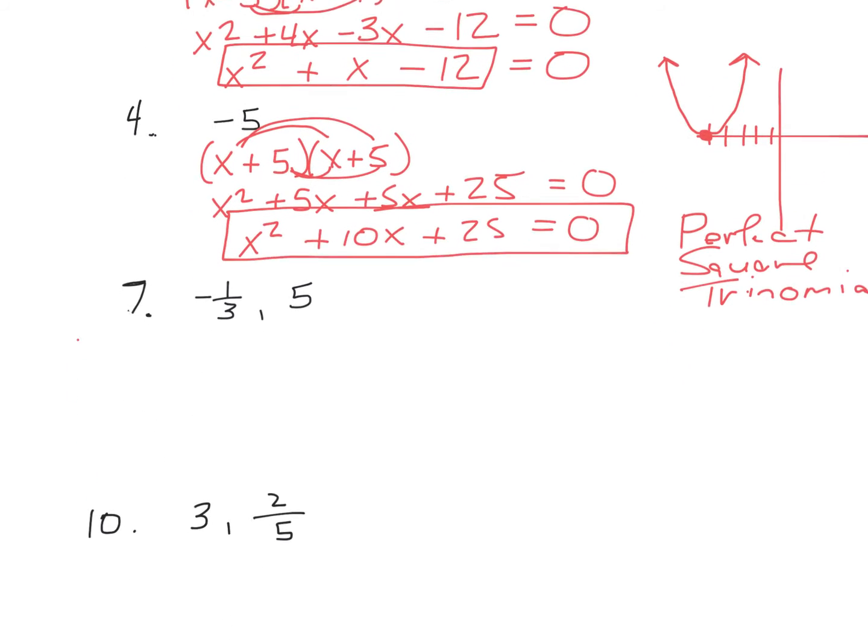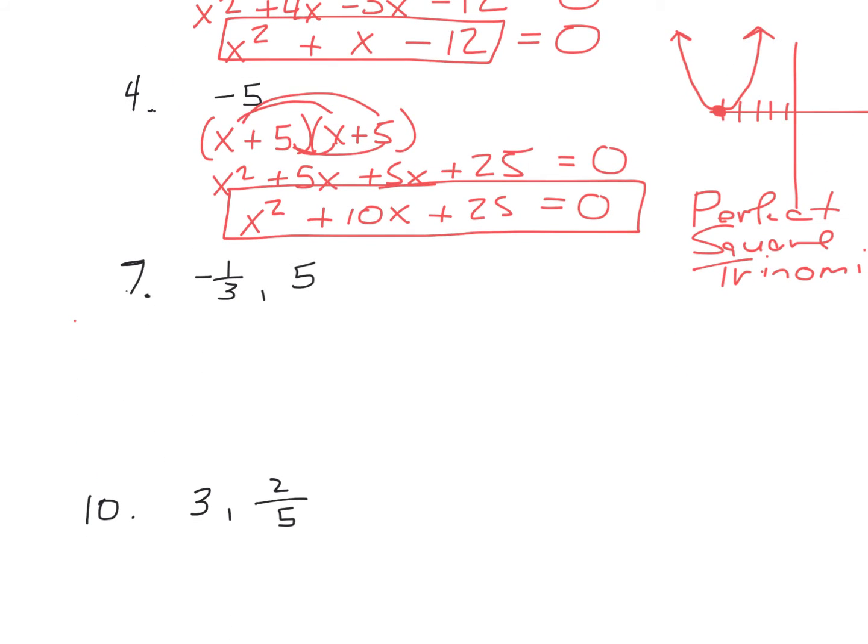Number 7 involves a fraction. Now, this is a big change, and I think this will help you, as the textbook talks about writing this as x plus 1/3. And then you get fractions involved. All right, but if a negative 1/3 is a solution, that means that we would have to have a positive 1, and then this would be 3x.